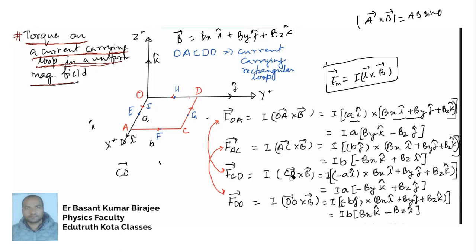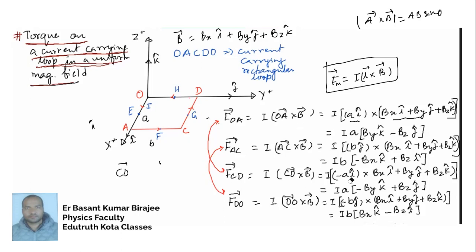and the magnitude of this length CD, this is a rectangle. It is in 3D, that's why the shape looks a bit different, but it is a 3D diagram, and this loop is a rectangle. So opposite sides are equal. If this side is A, this side is also A. So the magnitude of the CD vector is A, and the unit vector along the CD vector is minus i cap.